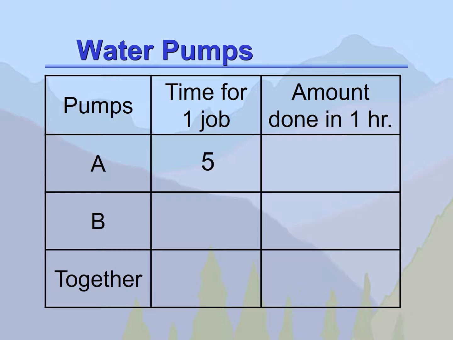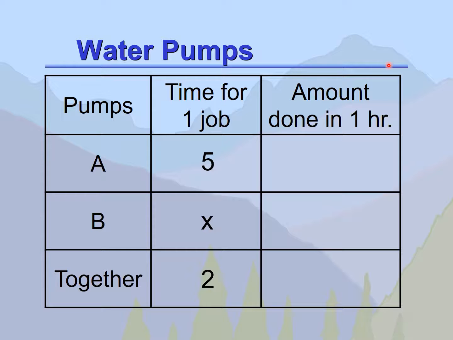And then B got added, but we don't know how long B will take by itself. In fact, that's what we're trying to solve for, so that's where our x goes. We know how long they are together. It only takes them 2 hours.